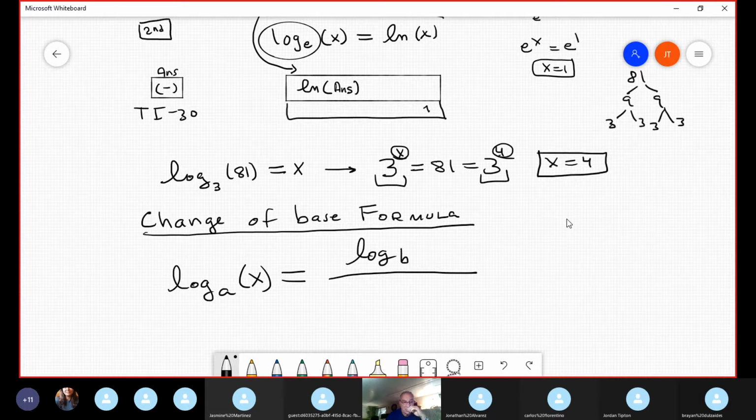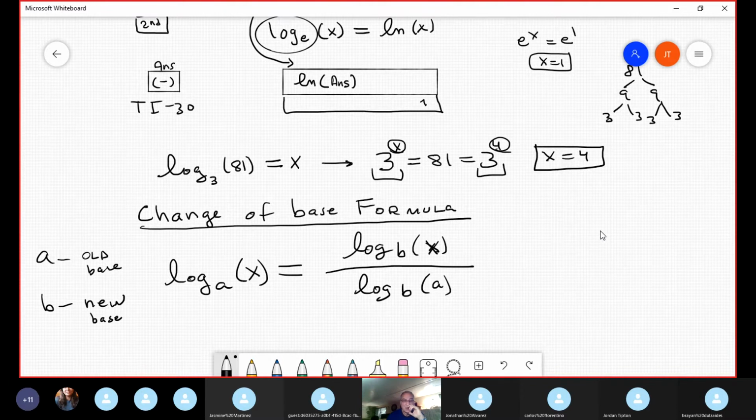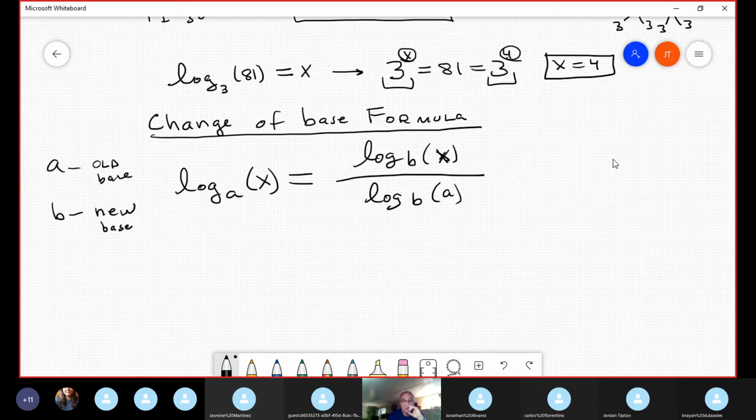The a is like the old base and b is the new base I want to change to, of the same number x, divided by logarithm of base b of a. So b is repeated here. Okay, this formula allows us to change the base of the logarithm function.